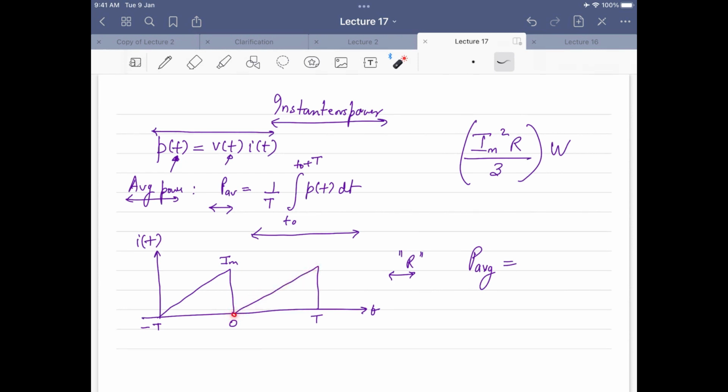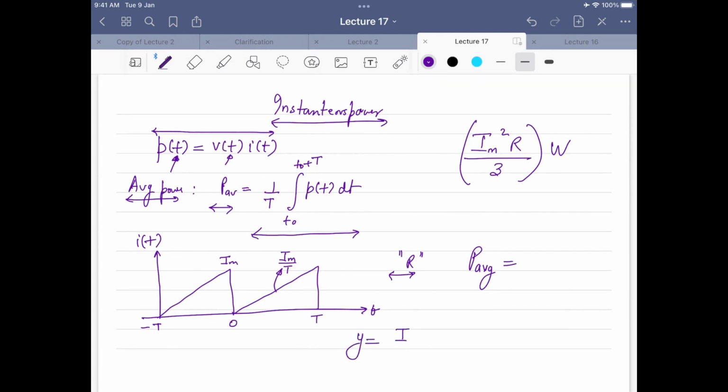i equals to... what is the equation of this line? No, it's not Im by that. Im by T, yes, but that is specifically the slope, not the equation. So i(t) equals Im by T into t, small t.